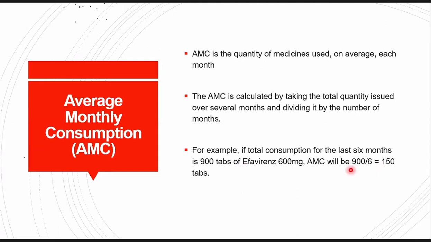So this is indicative in the sense that every month we are using 150 tablets. With this information, it is easy for you to order. You won't under order and you won't over order.